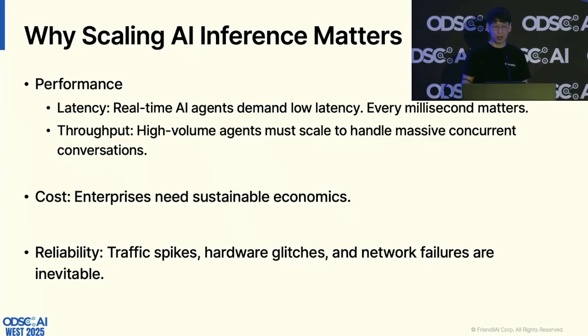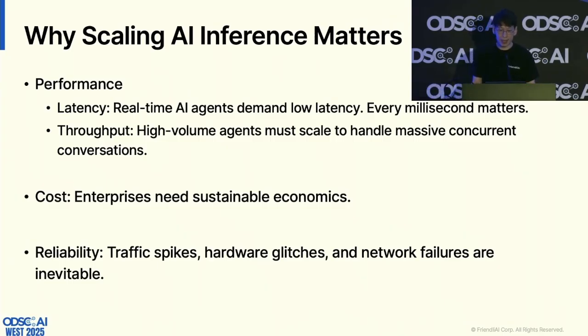So companies today face these critical inference constraints: performance, cost, and reliability. If inference is too slow, users churn. If it is too expensive, business models collapse. If it's unreliable, mission-critical applications won't adapt.